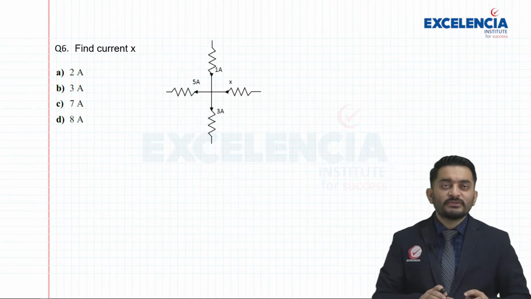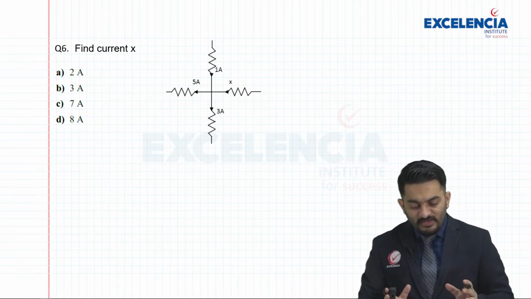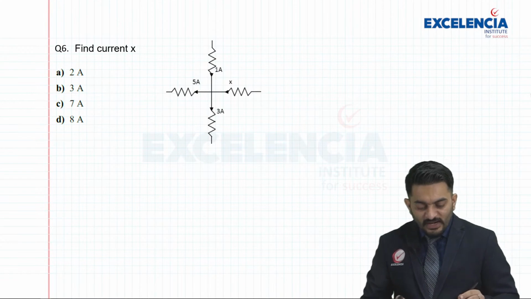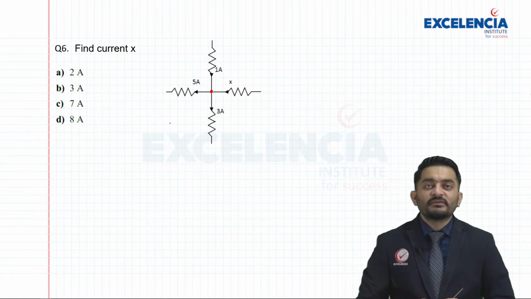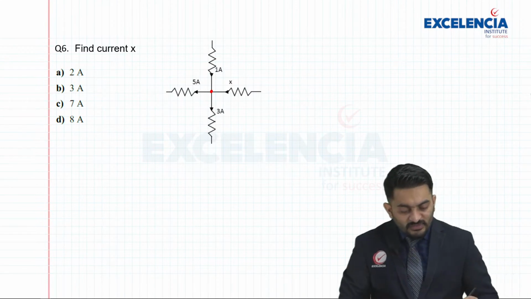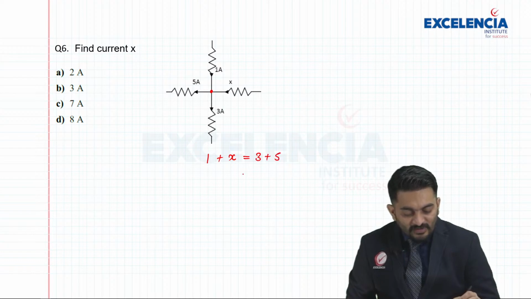Question number 6 is also like this. The circuit looks a bit complicated because it's an open circuit from every single corner, as you can see. But what you need to understand is that I have this particular junction and I can see the amount of current which is entering the junction. That is 1 amp and your X value, and the current leaving the junction is 3 amp plus 5 amp.